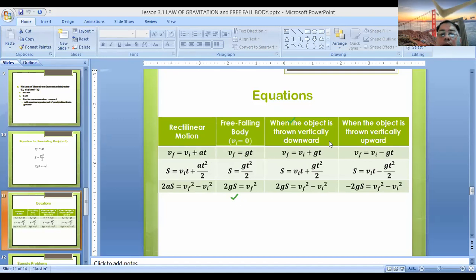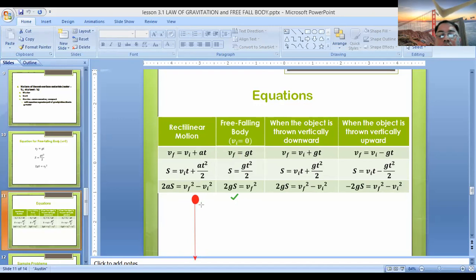But we will understand that free fall by virtue of gravity does not only happen when you drop something. What if you throw something downward? Is it still possible that when an object is thrown downward, gravity is still acting on it?